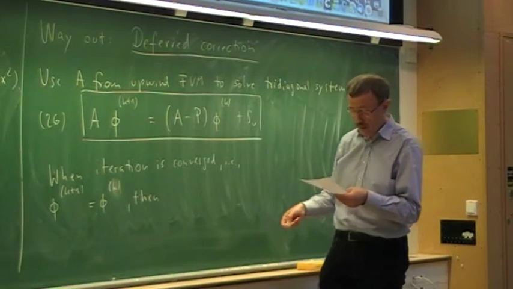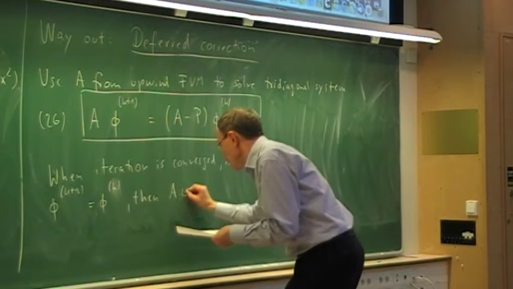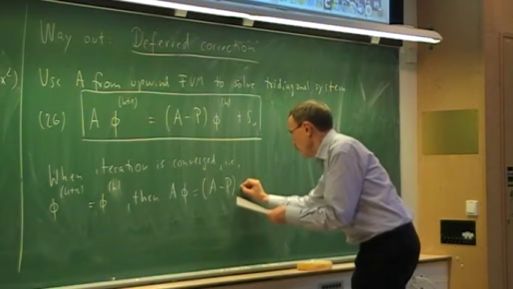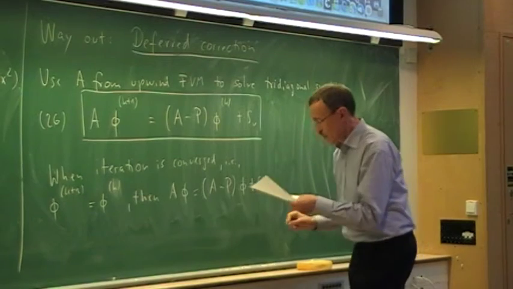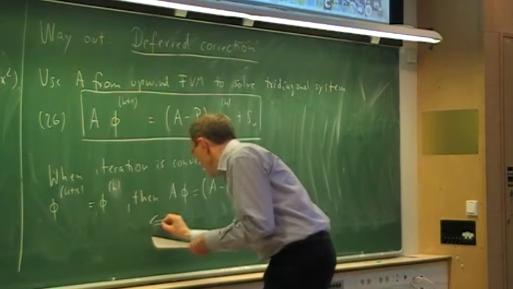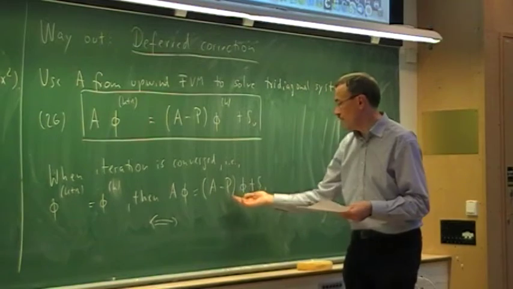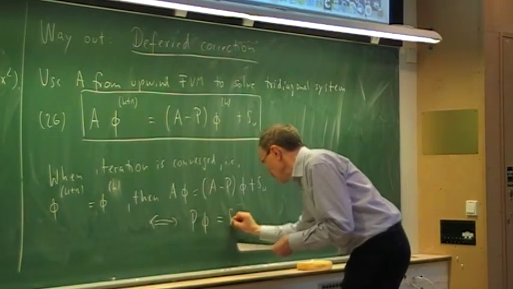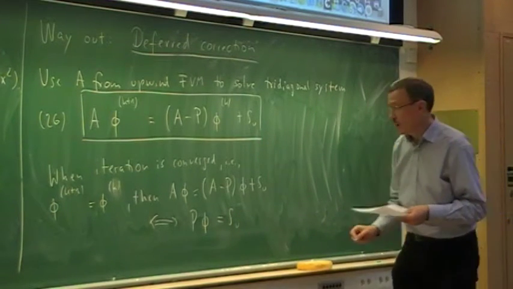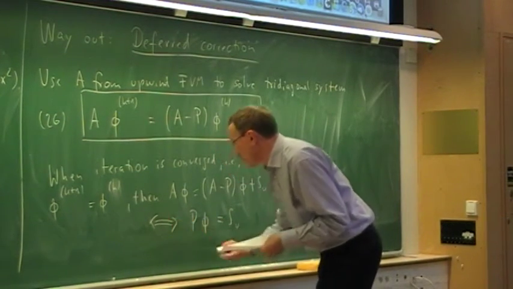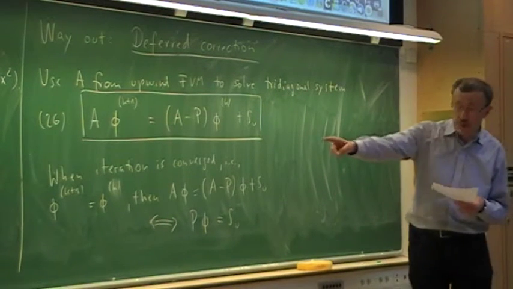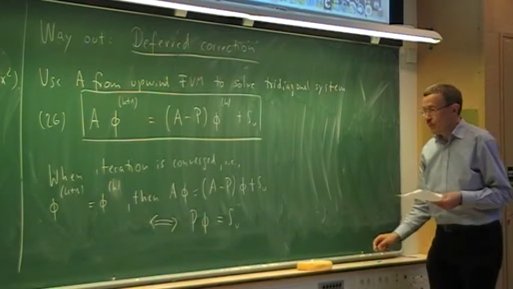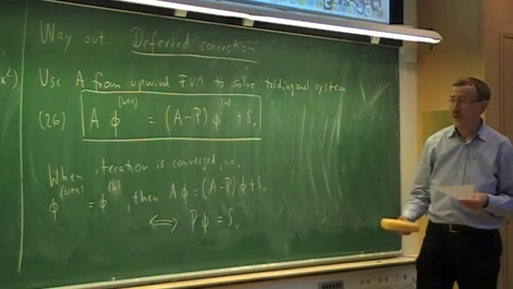Written out, we get A phi equal to A minus P phi plus SU, which is equivalent to, subtracting the A phi and bringing the P phi to the left-hand side, P phi equal to SU. So in convergence, we actually solve the problem that we want to solve, that is equation 25 for QUICK. So then we have here a higher order method.